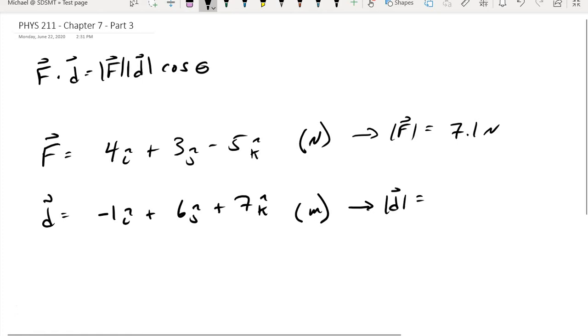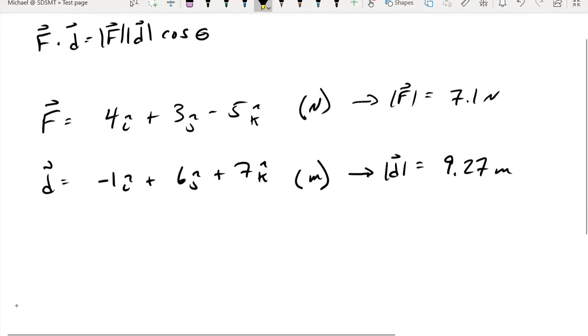And then if we do the same thing for our displacement vector, we have -1 squared is 1, 6 squared and 7 squared. That comes out to be the square root of 86, which is approximately 9.27 meters.